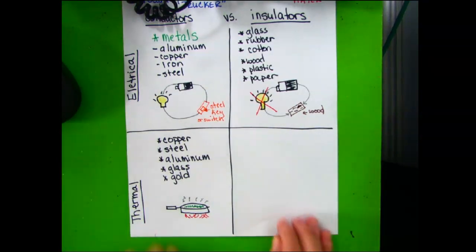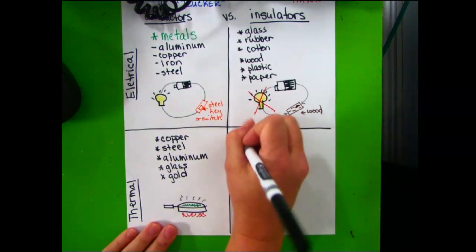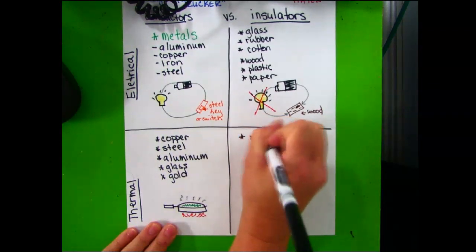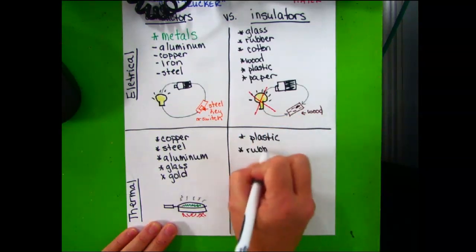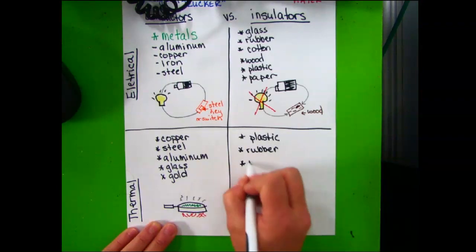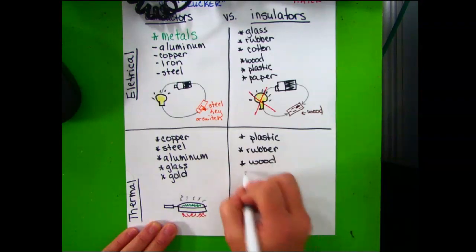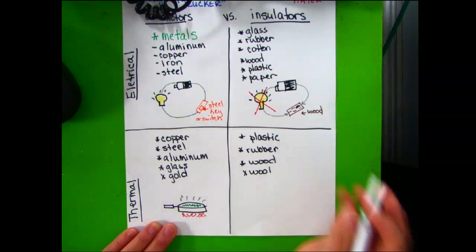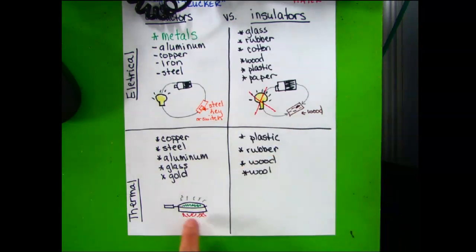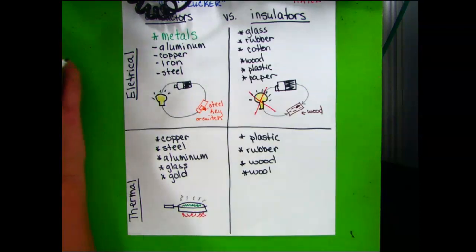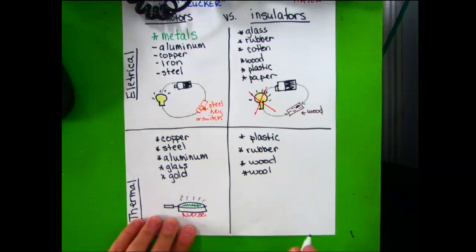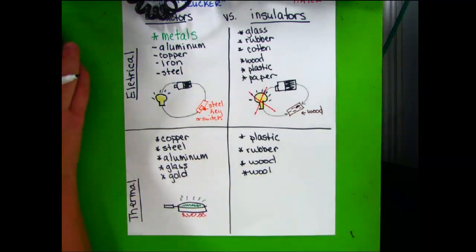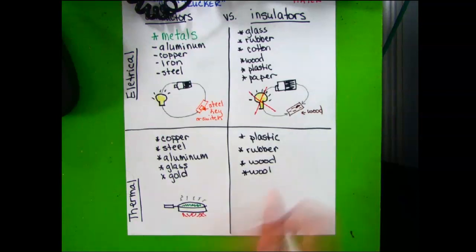All right. Thermal insulators are plastic, rubber, wood, wool. So if I were going to pick up this pan, I would use a glove.